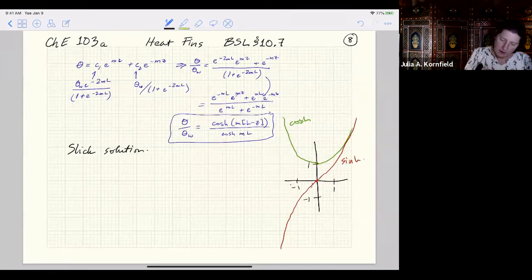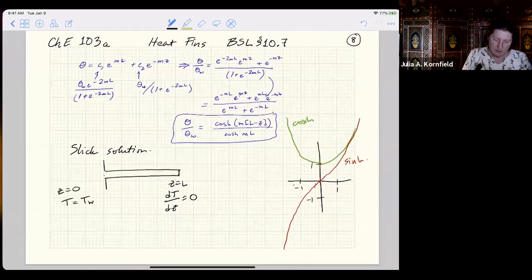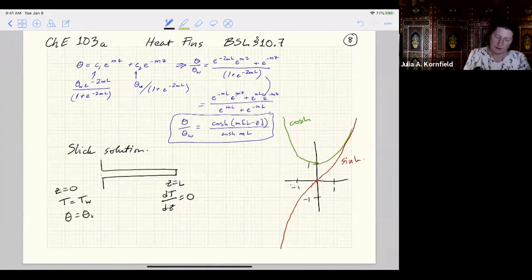So currently we have a fin, and out at z equals L, we have dT/dz equals 0. And over here we have a specified temperature, theta equals theta_L, and then this one is d theta equals 0.